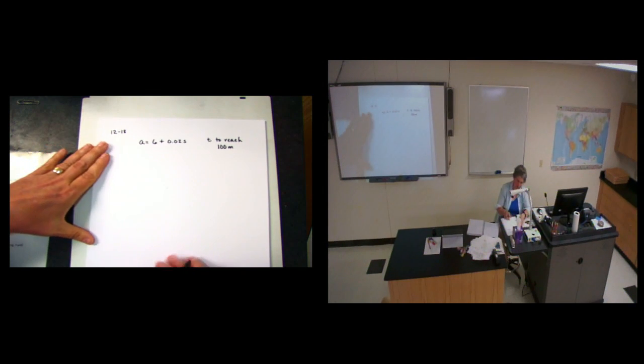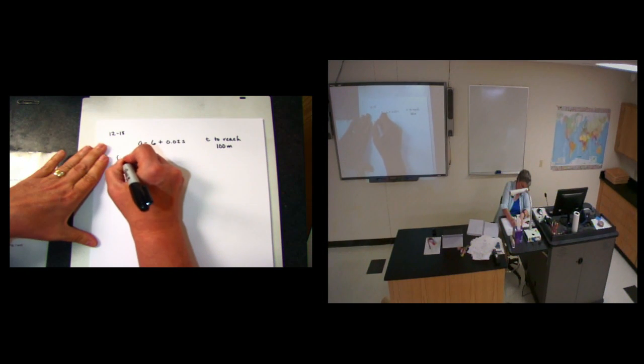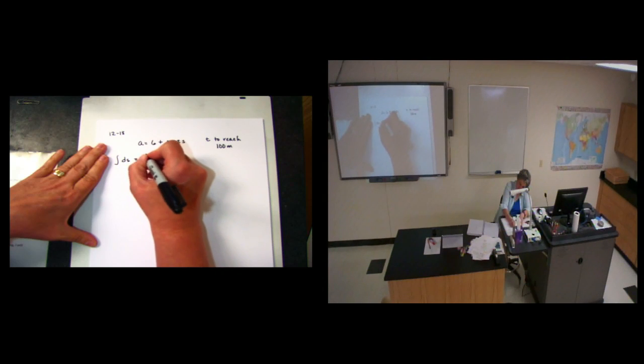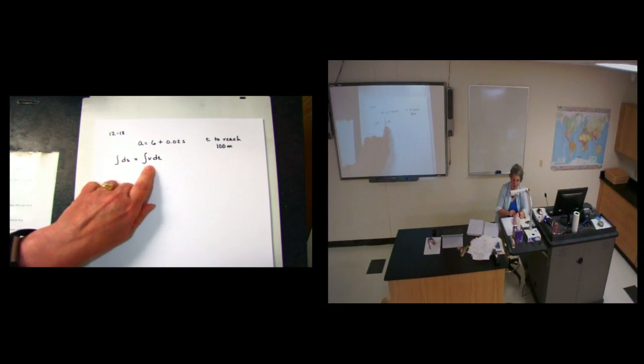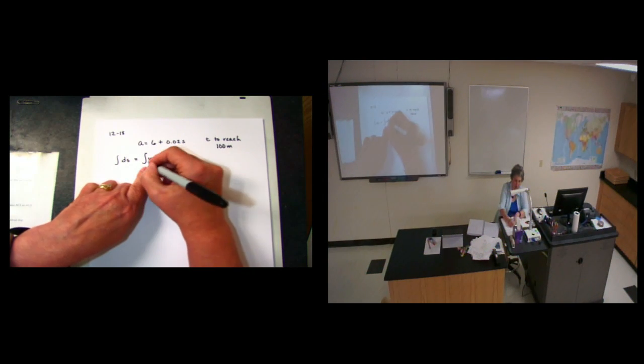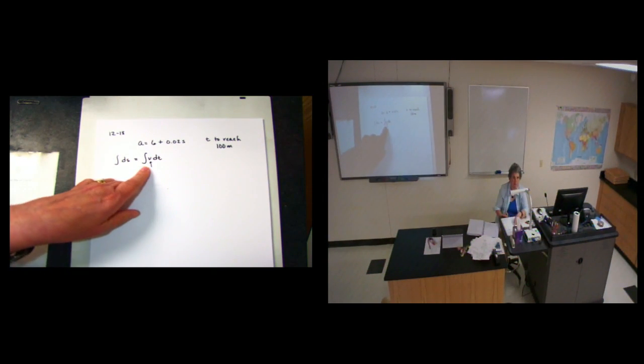Now things are going to get funky. So v is going to equal (12s plus 0.02s squared) to the 1/2. But I'm going to plug that back into here. So I'm going to end up with the integral of ds is equal to the integral of (12s plus 0.02s squared) to the 1/2 dt.